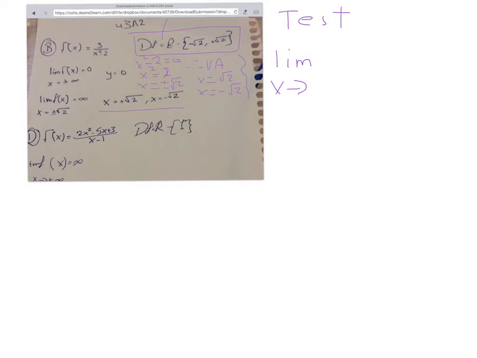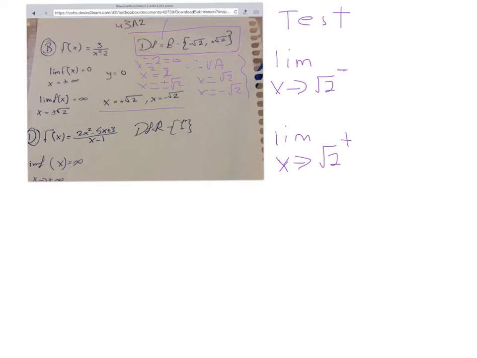Let's start with the positive asymptote. So we're going to say the limit as x approaches root 2 from the left, and the limit as x approaches root 2 from the right. Now we're also going to repeat this for negative root 2 and do exactly the same thing, test it from the left and the right.